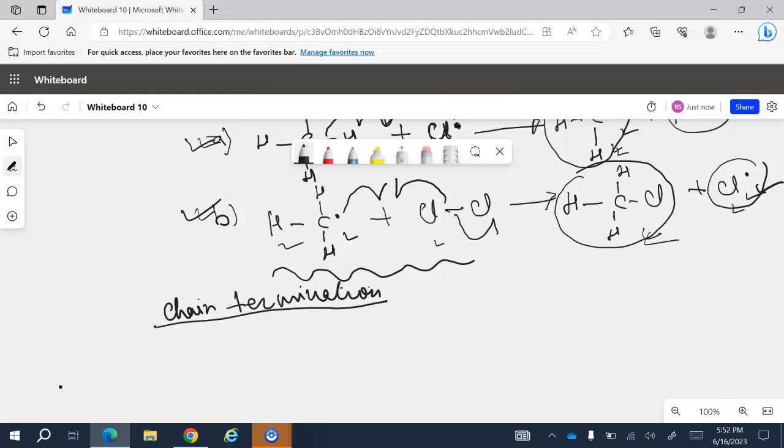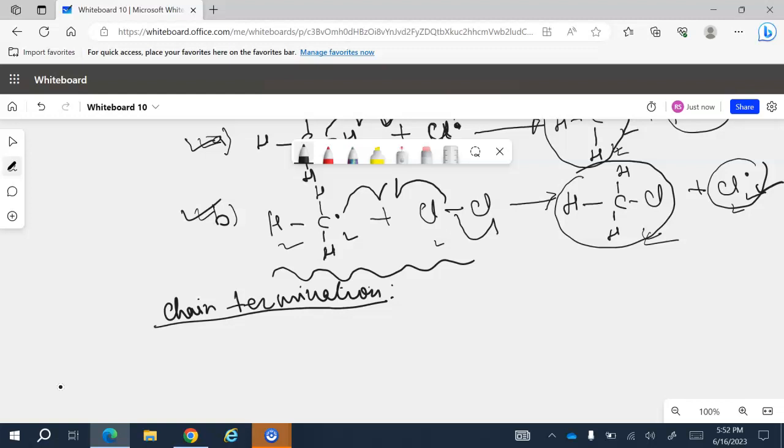Termination, again, as I said, means the reaction needs to come to the end, right? That means the radical will have to be used up. There are varieties of termination steps possible, in which the radical will be used to generate non-radical species.